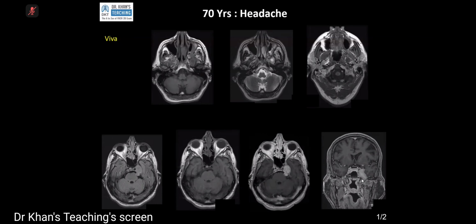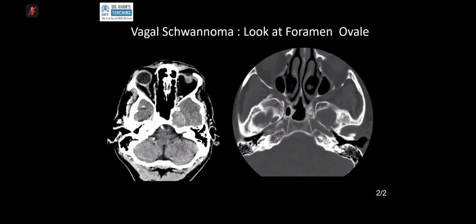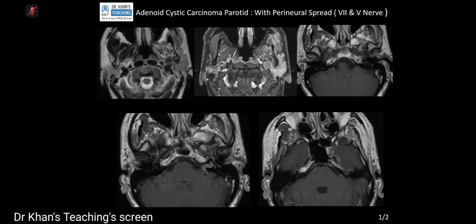Because it is long-standing, it is causing expansion of the foramen ovale, and it is extending to the cavernous sinus. On the CT scan, which per se is an exam case, on a bone window, you can see that this is the foramen ovale, and you can see how expanded it is. So this is the concept of perineural spread.